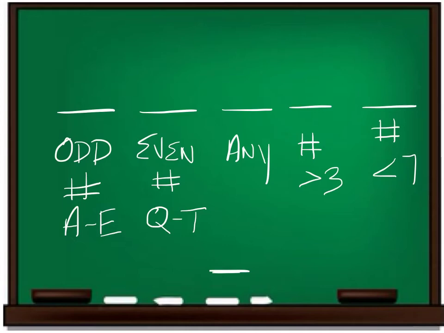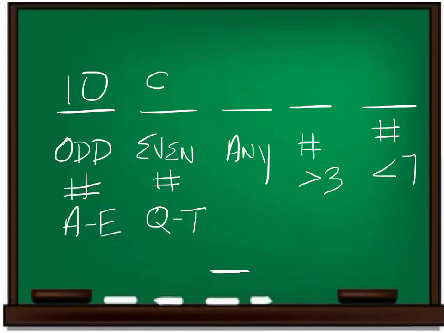On this problem, it could be odd or it could be A through E. How many odd are there? And how many A through E? 10 total possibilities there. You have 5 even, and how many letters are from Q to T? Q, R, S, T. 4.